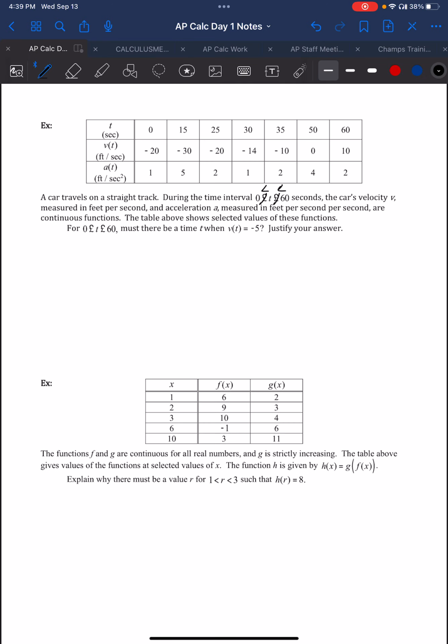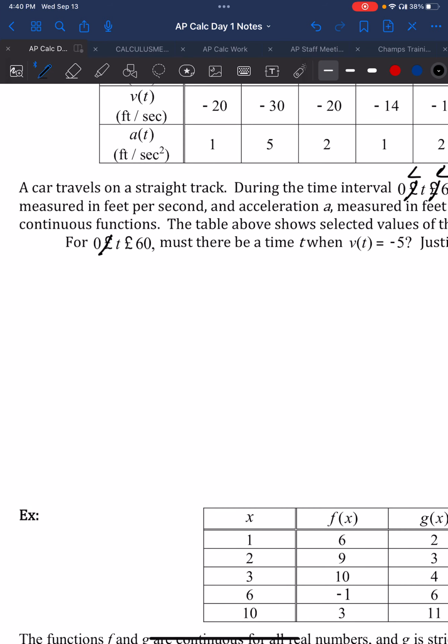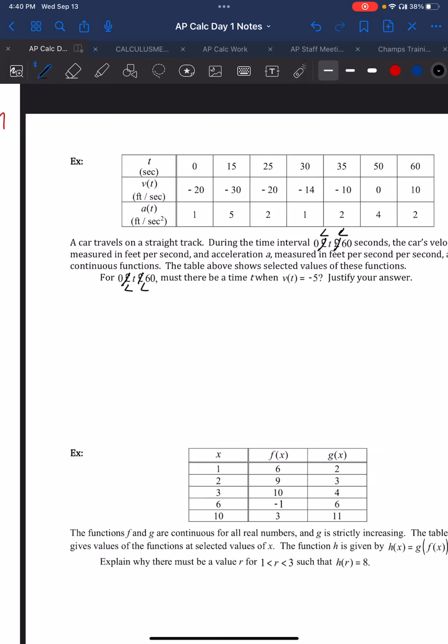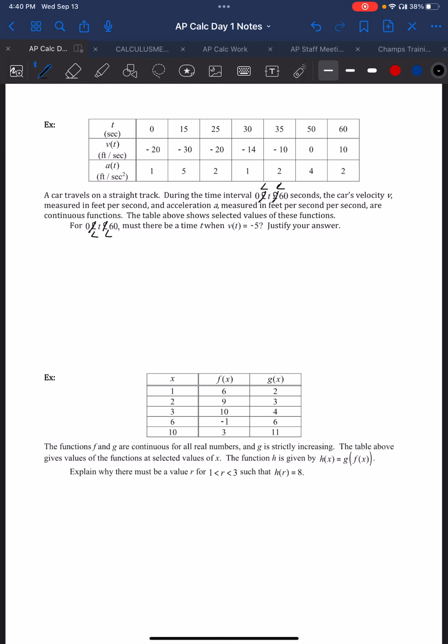During the time interval 0 < t < 60 seconds, the car's velocity v measured in feet per second and acceleration a measured in feet per second squared are continuous functions. The table above shows selected values of these functions. For 0 < t < 60, must there be a time t when v of t is equal to -5?